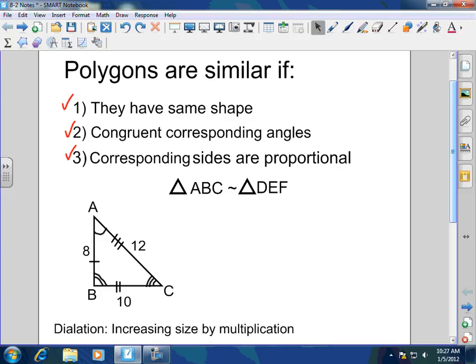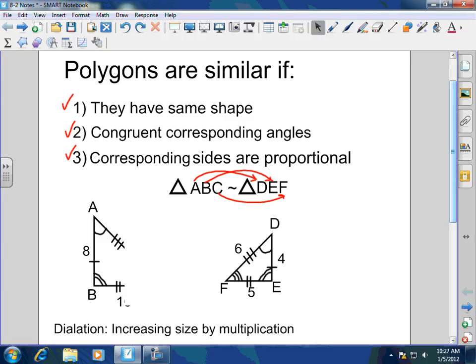In this particular case, we don't know if DEF is larger or smaller, but we are going to know that angle A is congruent to angle D, angle B is congruent to angle E, and angle C is congruent to angle F. We know that not by the figure, but we know that by the letters.